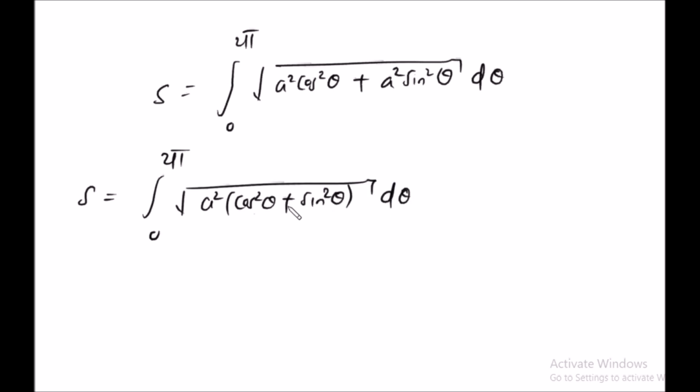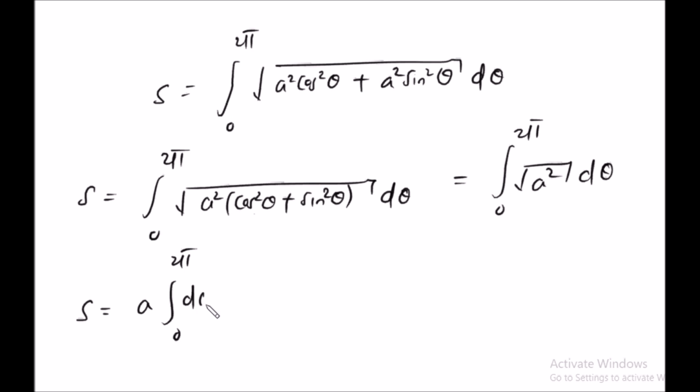So cos squared plus sin squared ni 1. Kwa hiyo itakuwa ni integrate from 0 to 2 pi the square root of a squared d theta. The square root of a squared is a, is constant, itoe nje. Kwa itakuwa ni a integrate from 0 to 2 pi d theta.